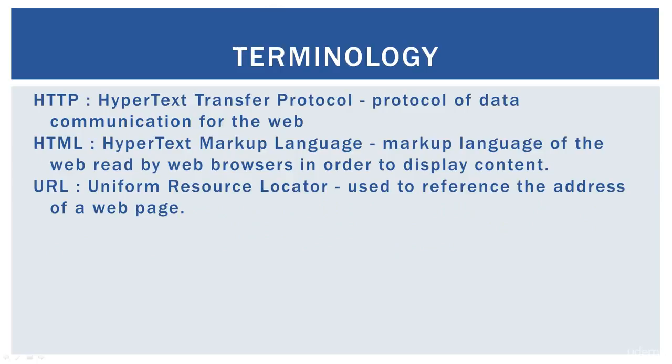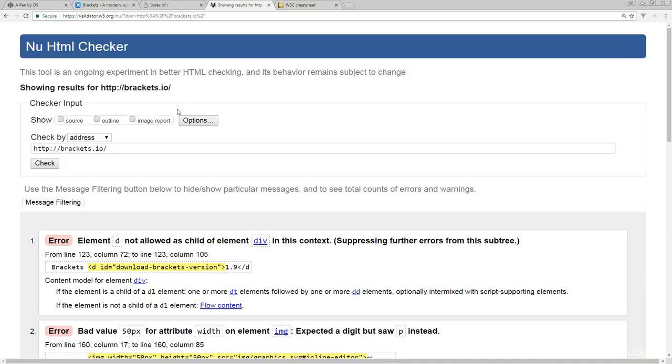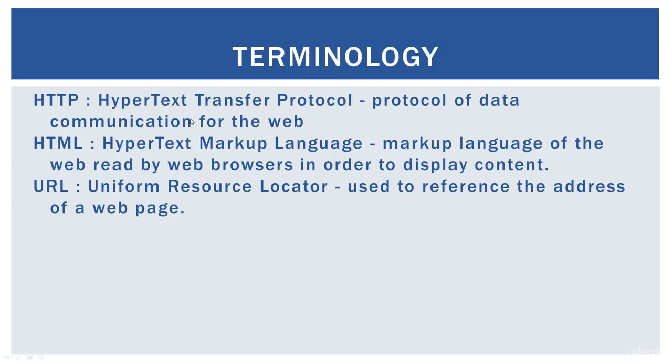A little bit more on terminology that's used on the web. We've got HTTP, which is different from HTML because HTML is the markup language and HTTP is the transfer protocol. Whenever you go to your favorite websites, you see that the address always starts with HTTP, sometimes HTTPS for a secure page. That means this is the transfer protocol being used to transmit that data communication throughout the web.